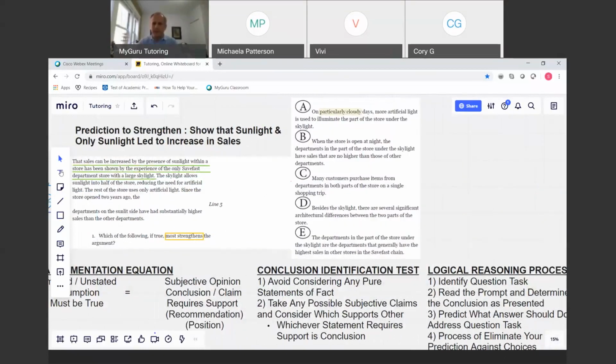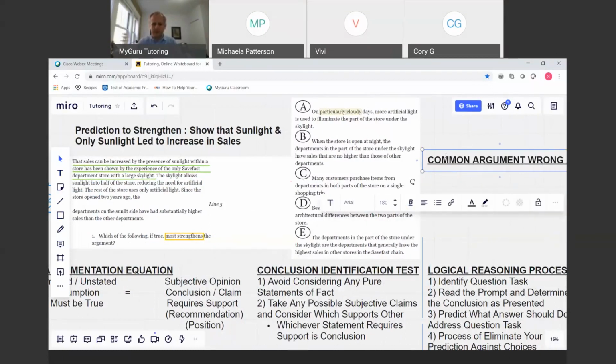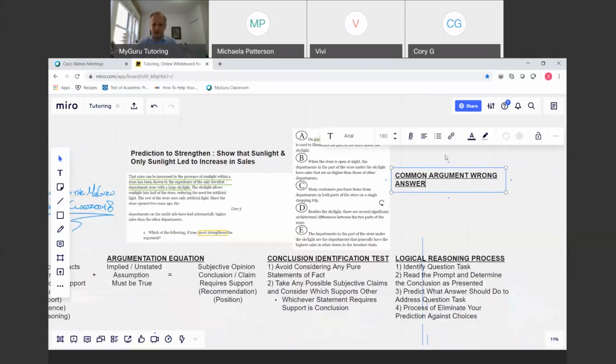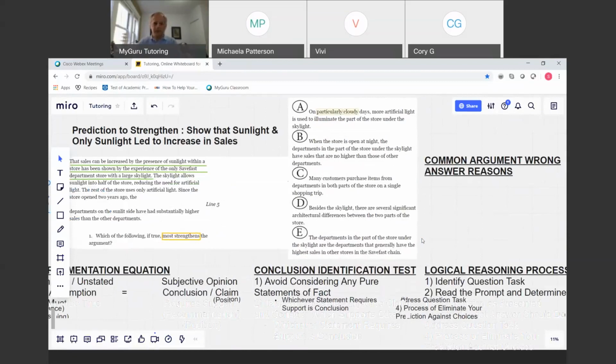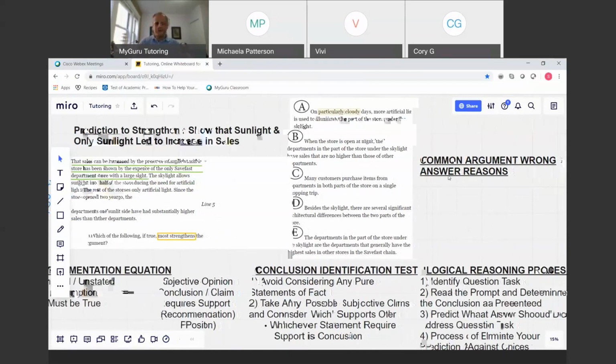still on the screen that we can see, we've got some common logical reasoning argument wrong answer reasons. So we start with this first question, choice A. On particularly cloudy days, more artificial light is used to illuminate the part of the store under the skylight.